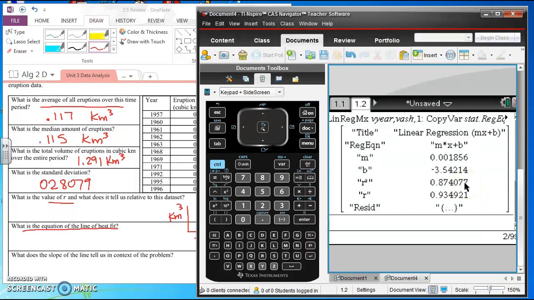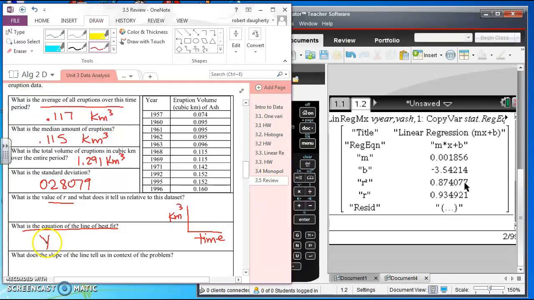So that tells me that the equation of the line is y equals 0.001856x minus 3.54214. So that's the equation of my line. The correlation coefficient is 0.934921. Okay.